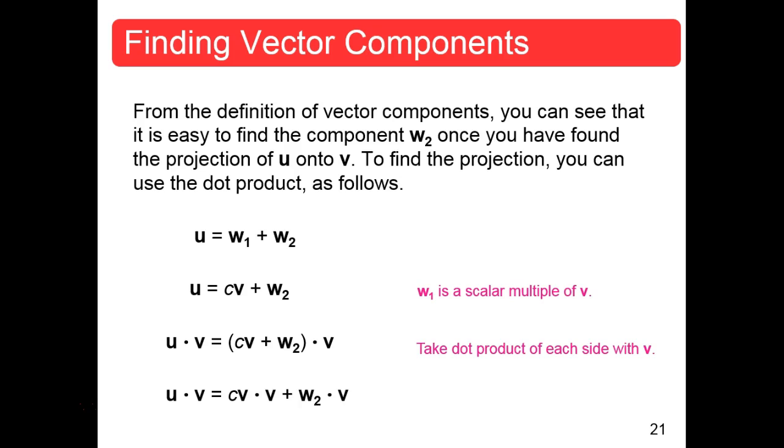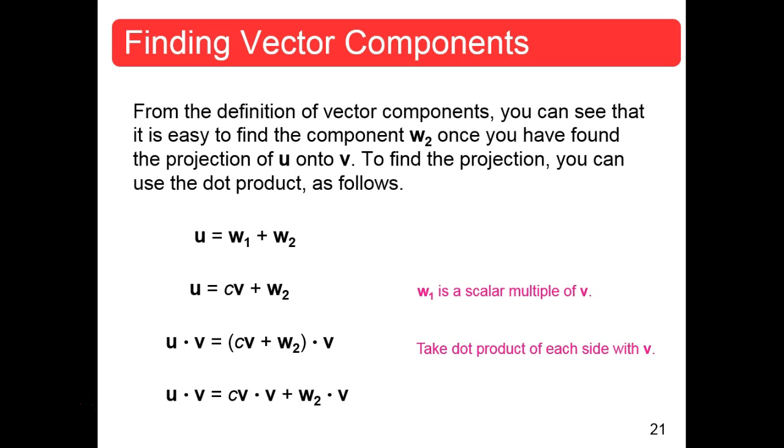Now, as we said, U is a combination of W1 and W2, and we know ahead of time they are orthogonal. Later we'll prove they are. W1 is some scalar multiple of V, so this is CV plus W2. The dot product of those, CV plus W2, that's the U, dotted with V. Well, guess what?